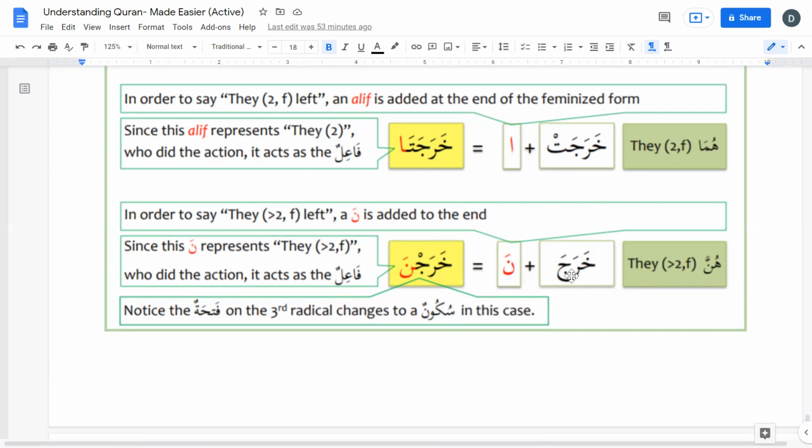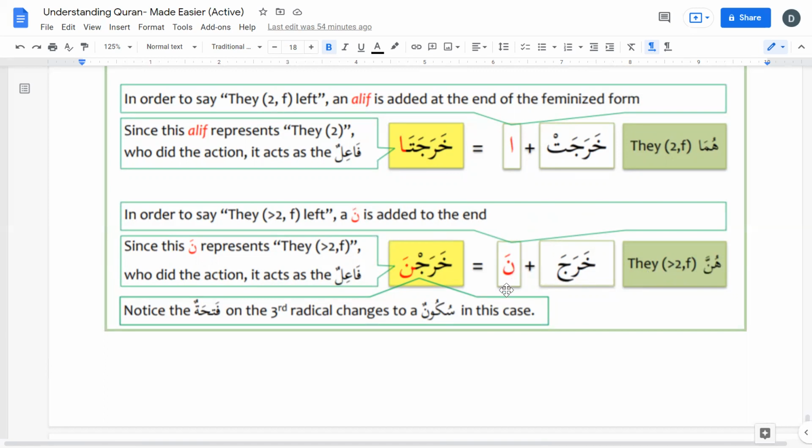So kharaja, and for hunna we need to add na. This is called nun an-niswa, and this is a fa'il. This is also a fa'il, and this is apparent. This is dhamir bariz.